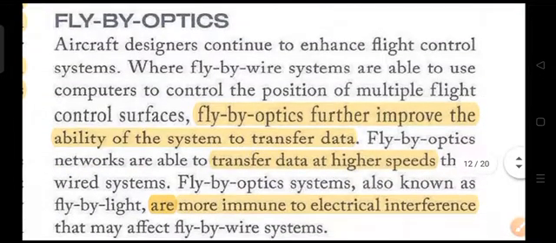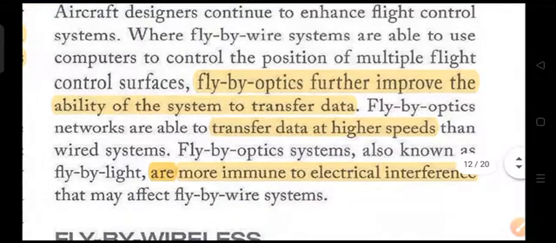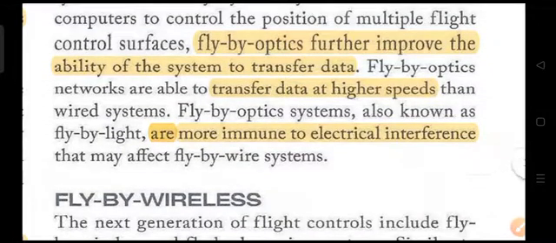Fly-by-optic is what? It further improves the ability of the system to transfer data by light. With the help of light, it will transfer the data. The speed will be highest because we know the speed of light is the highest in the universe till now, and it transfers data at higher speeds and is more immune to electrical interference. More immune means there will be very little disturbance due to electrical or magnetic interference inside the cockpit.